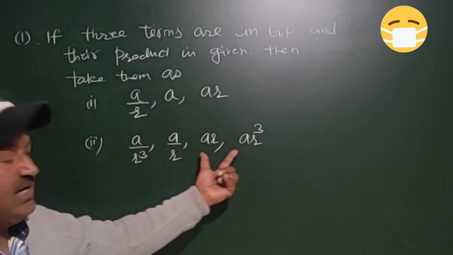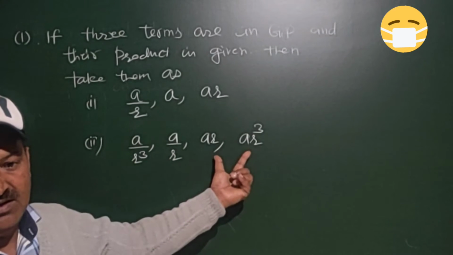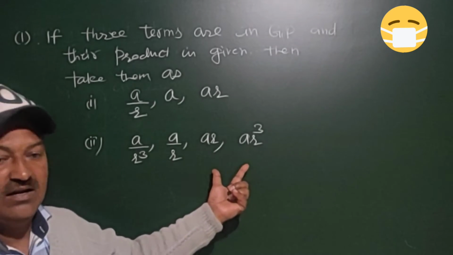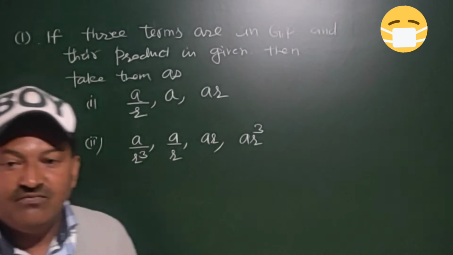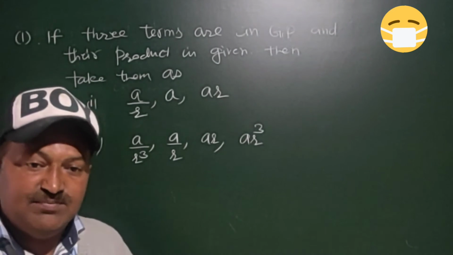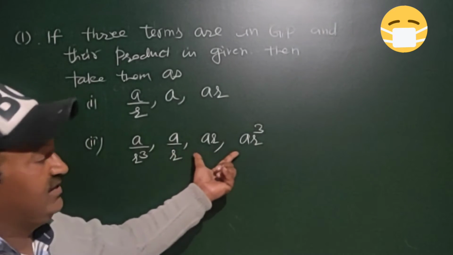Therefore, if four terms are in GP and their product is given, then in order to find the solution of that question and make it an easy process, you have to take them like this.